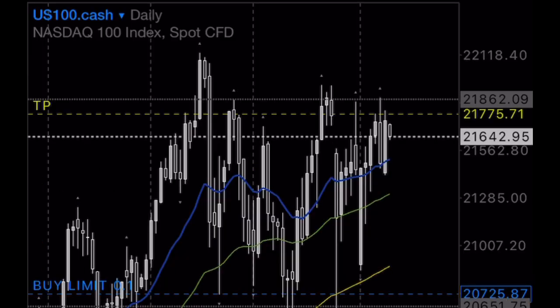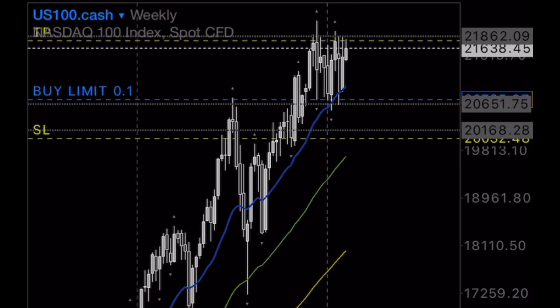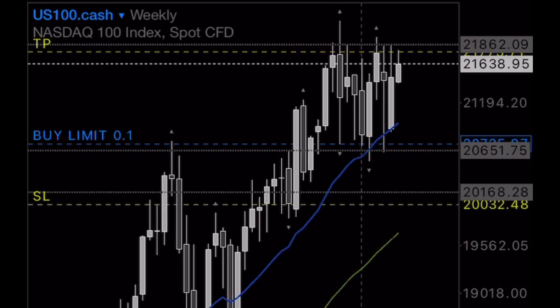All right, so it is very confusing to find a good entry, but based on the larger time frame, we are able to spot one. But of course, this is a swing. It is not going to be a day trade. All right, so coming back to the W or the weekly time frame, I'm able to give you a better picture, right?